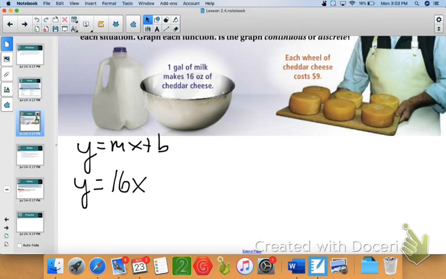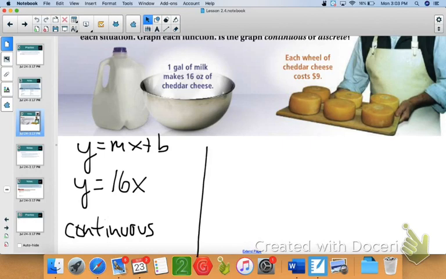Okay, in this case, can you use 1.5 gallons of milk? Well, yes, you can, because you can measure it out. You could use 1.25 gallons. So this one is continuous, because you can use any amount of milk, really. You could use 1 2/3, as long as you have that kind of measuring cup.